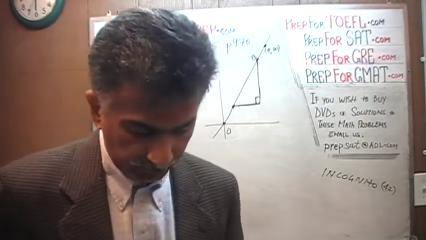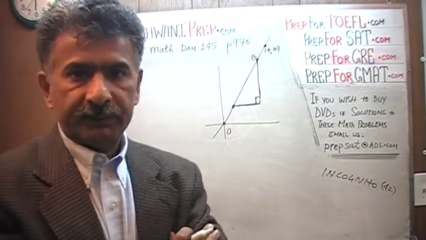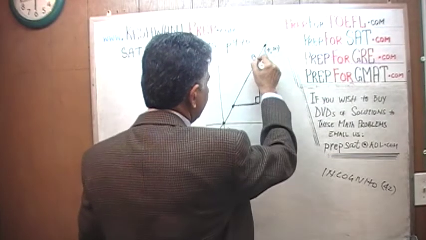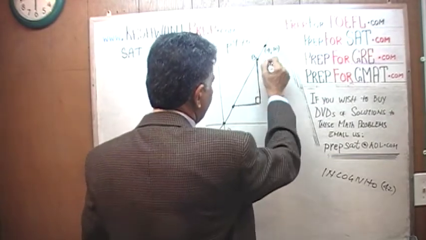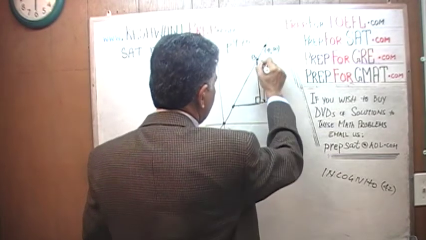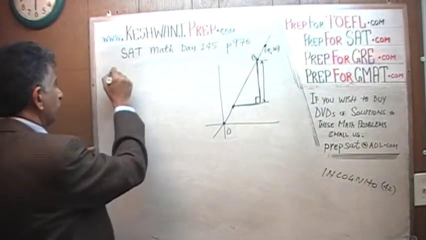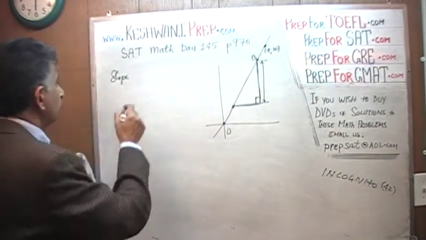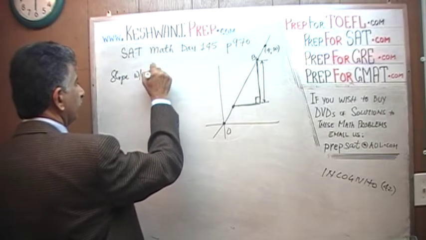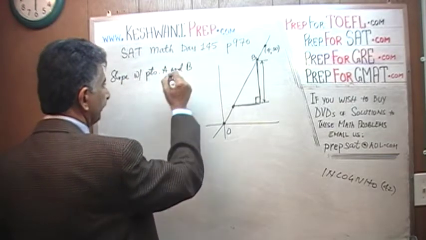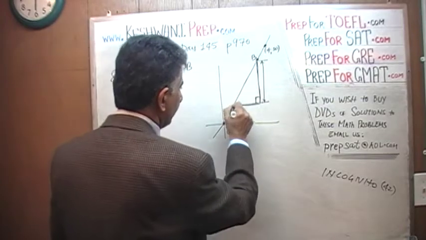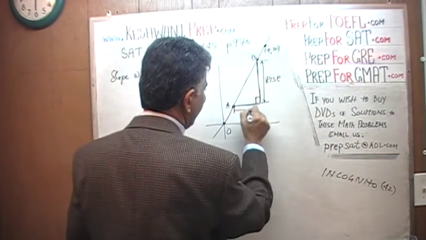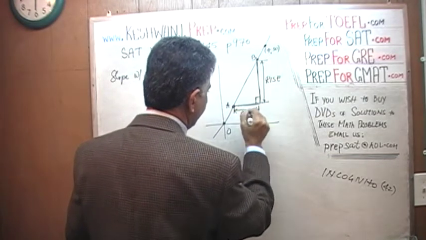How are we going to go about it? Somehow we have to establish the ratio of this side here and this side here. If we were measuring the slope of the line from point A to point B, this part is what is known as the rise, and this part is what is known as the run.